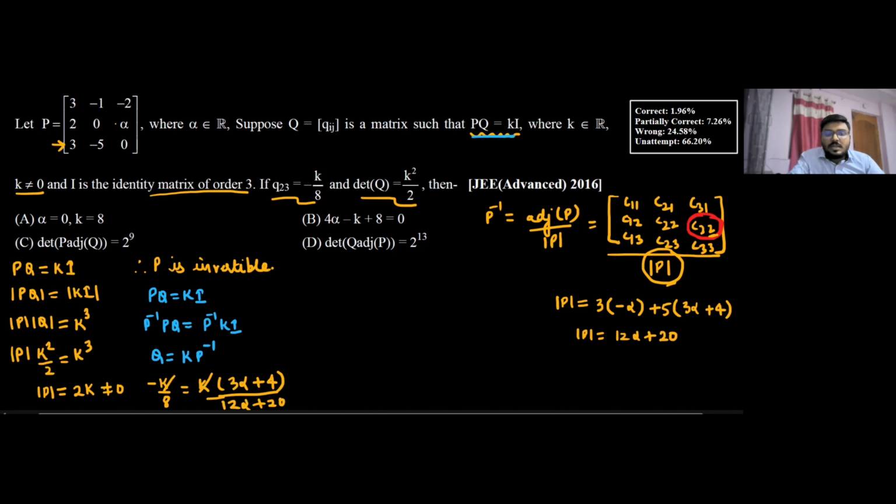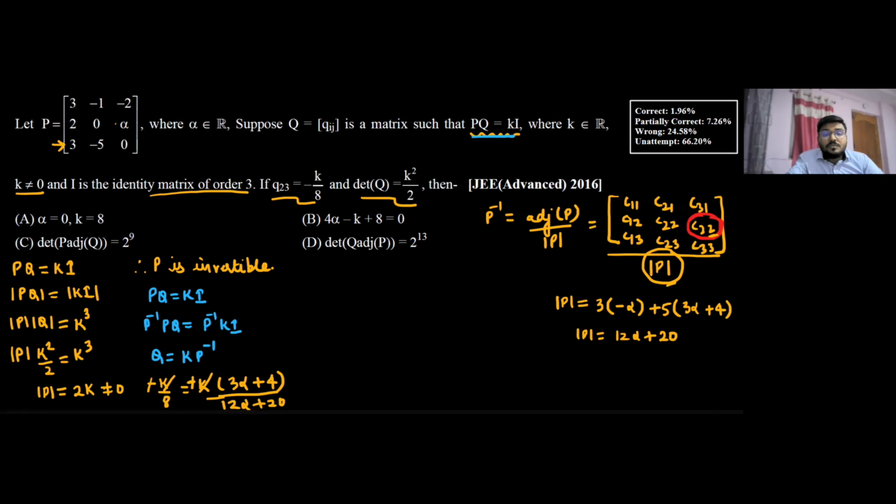Actually, this K got cancelled. So now we are left with, okay, so we were writing this C32. So we have to introduce a minus sign also, as we are writing cofactor. So that minus is also there coming from cofactor. Okay. So that minus also got cancelled.